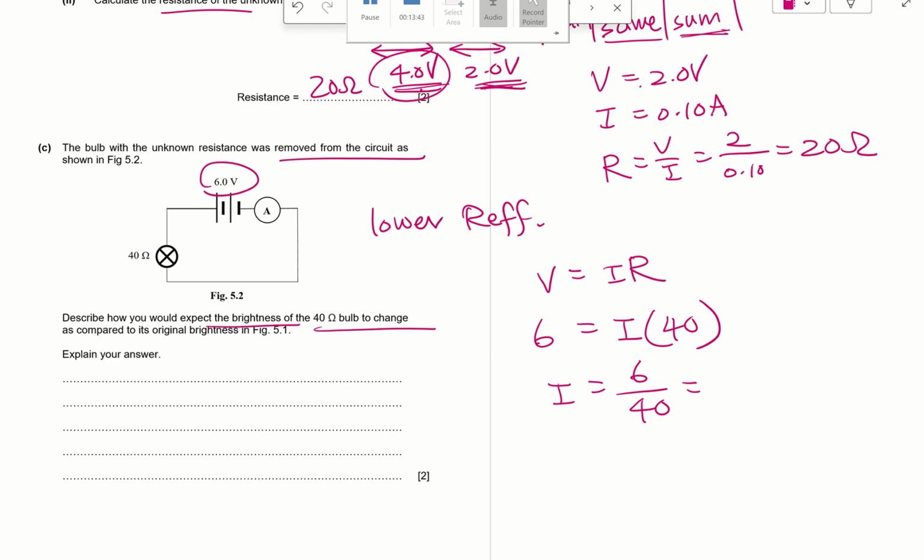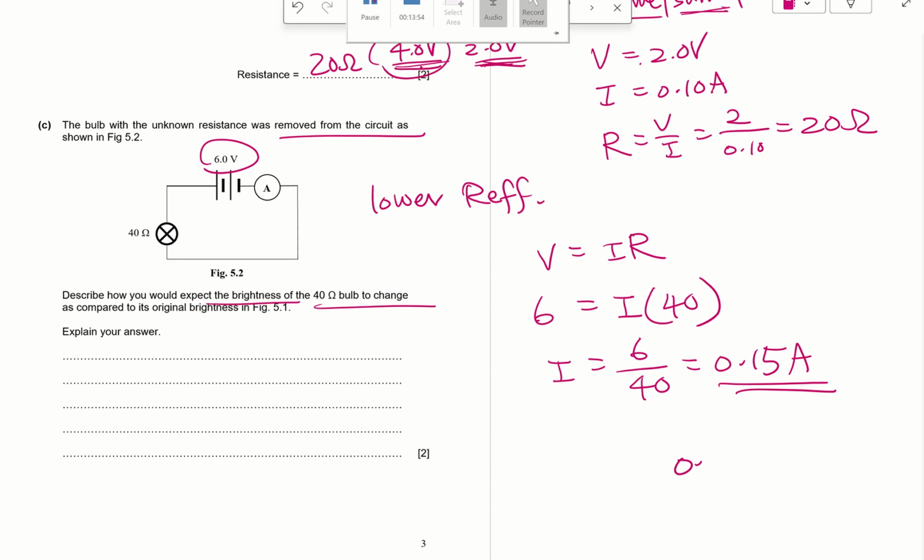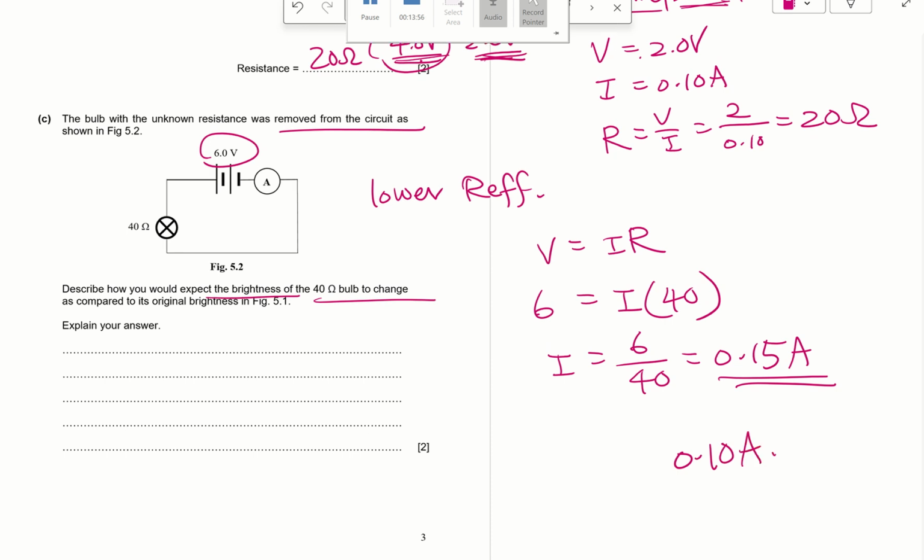which is 0.15 ampere. I was using my calculator, so please have your calculator. So the current is 0.15 ampere. Compared to previous, it was 0.10 ampere. So the current actually increases. Why did the current increase? You have to explain, right?